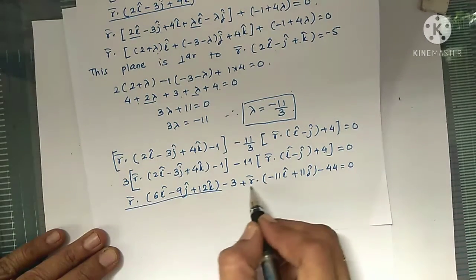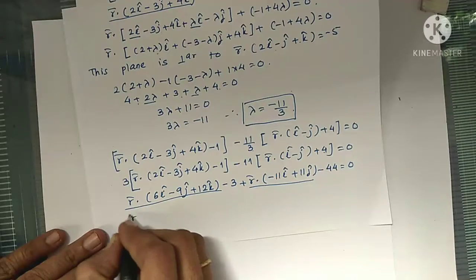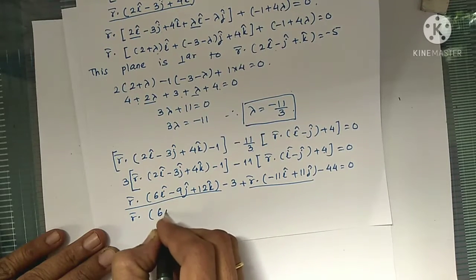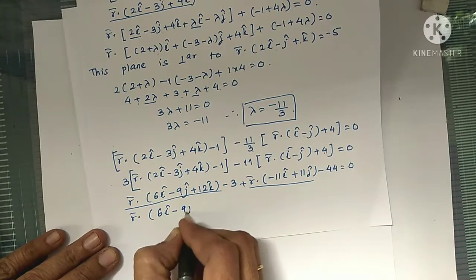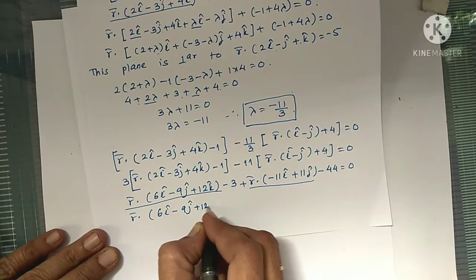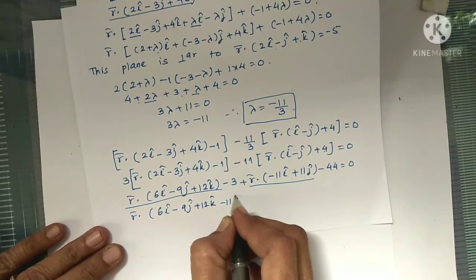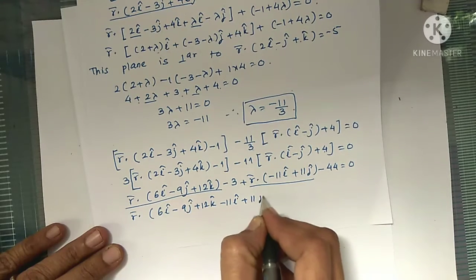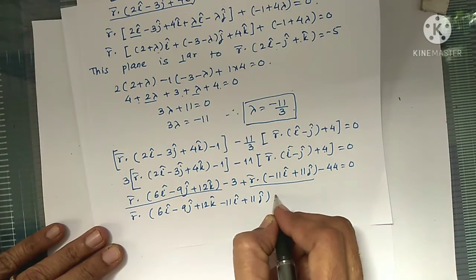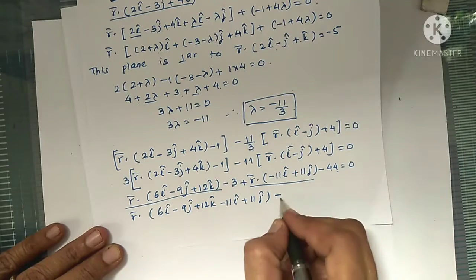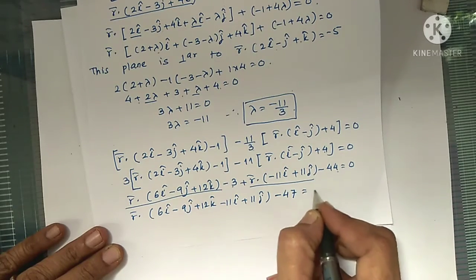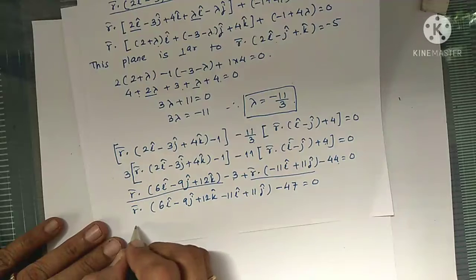Now this becomes r bar dot (6 i cap minus 9 j cap plus 12 k cap minus 11 i cap plus 11 j cap), and the constants minus 3 minus 44, that is minus 47.